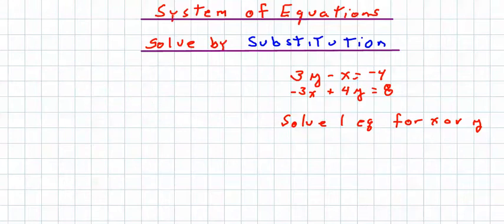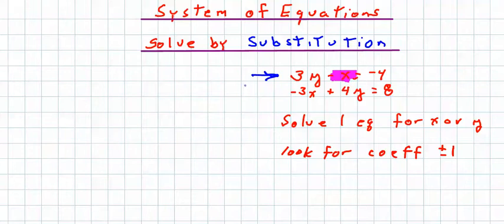What I'm going to look for is a coefficient of plus or minus 1. I see right here that my x term has a coefficient of negative 1. I'm going to solve this equation right here for x.